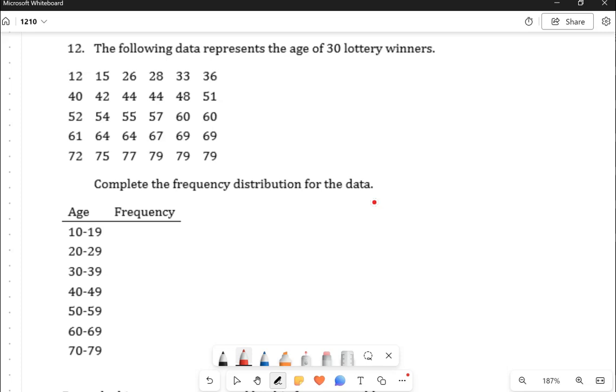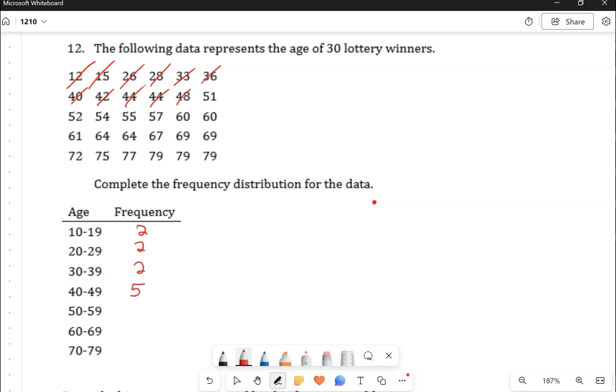How many are between 10 and 19? 1, 2. How many are between 20 and 29? 1, 2. Between 30 and 39? 1, 2. Okay, so far we have a flat distribution. Between 40 and 49? 1, 2, 3, 4, 5.